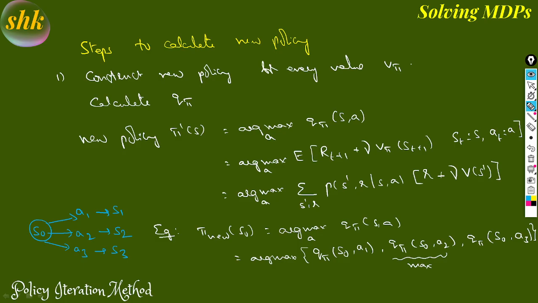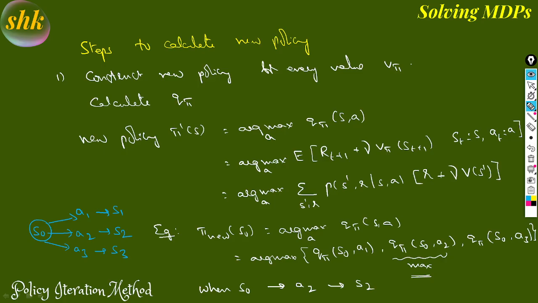What this signifies is, when we are in S0 state, we are always going to pick action A2, and we move to the next state S2. Why are we considering this? Because we are assuming the value function in S0 state for action A2 has the maximum value. So this entire step we will call policy improvement.